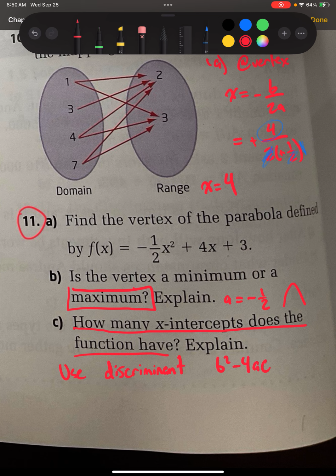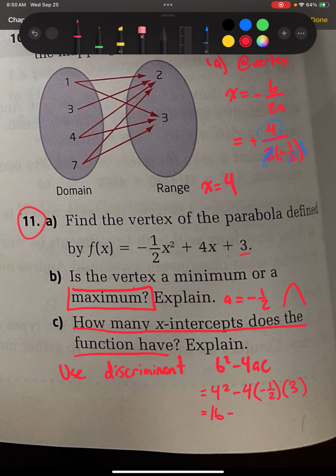And now, what's b squared? That's 4 squared minus 4 times a, minus half, times c, which is 3, which is equal to 16.